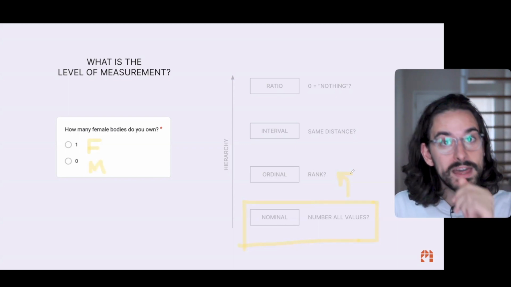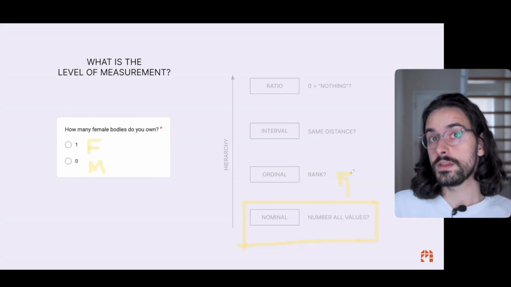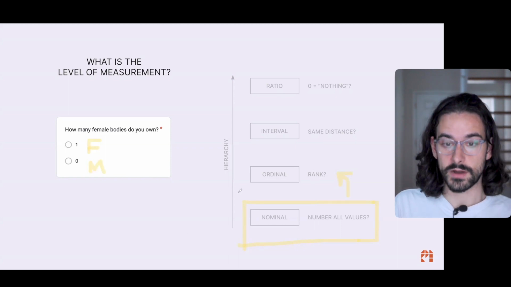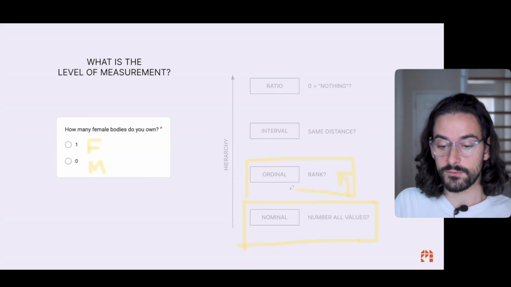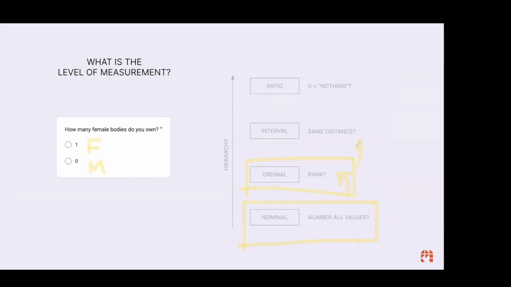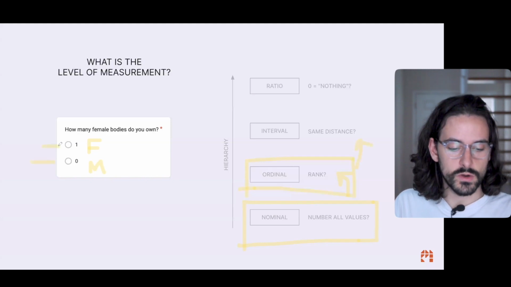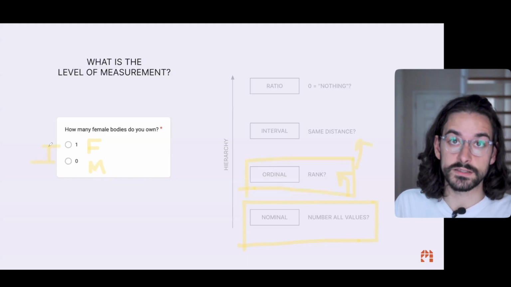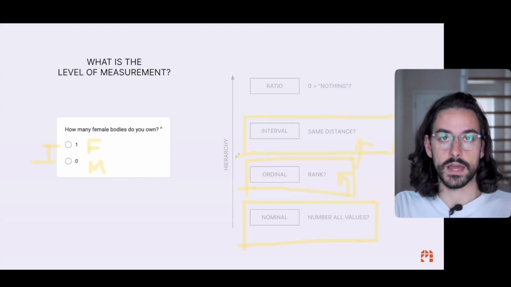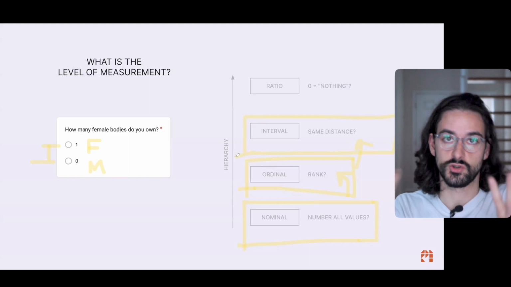So it's true that if you're female, you can actually win that competition. So yes, you can rank them. You can say that females have more female bodies than males. You understand? Now, is this interval? Well, the distance between 0 and 1 is 1, and there's only one distance. So yes, for sure it's interval, because all the distances are the same, because there's only one distance.